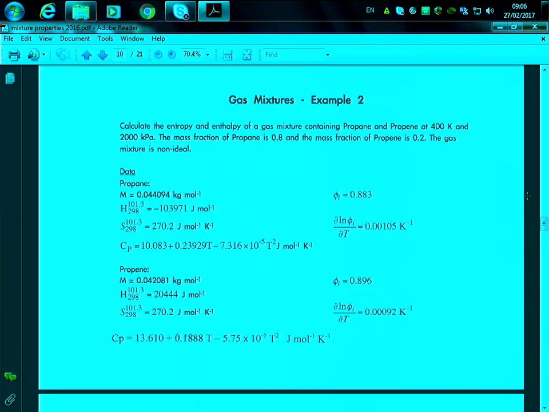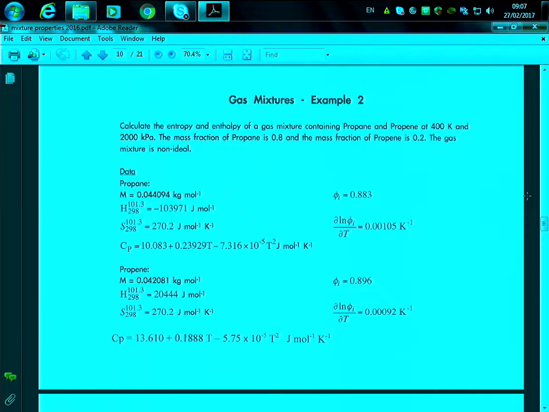Okay, so let's have a look. If you remember, there are two equations that we stated last time, which are used for mixtures. When we want to calculate the properties of the mixture, basically we want to obtain the entropy or enthalpy of the mixture.